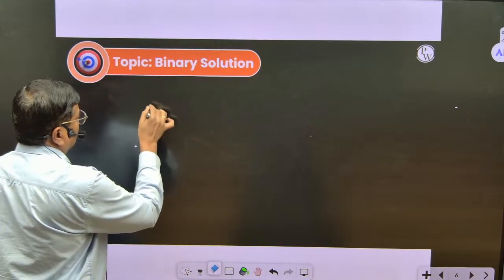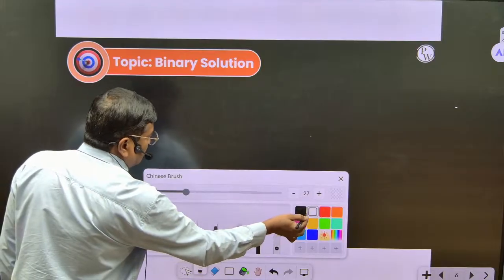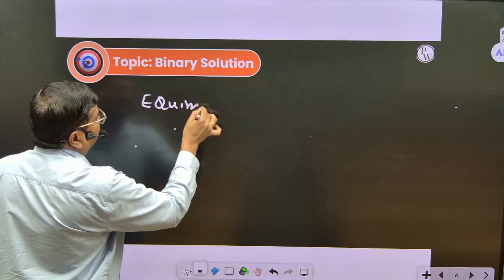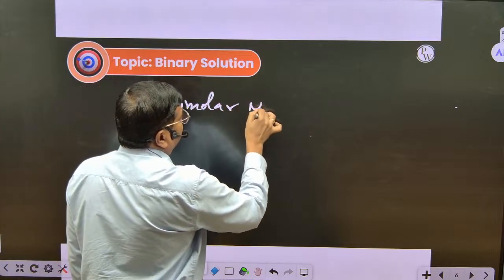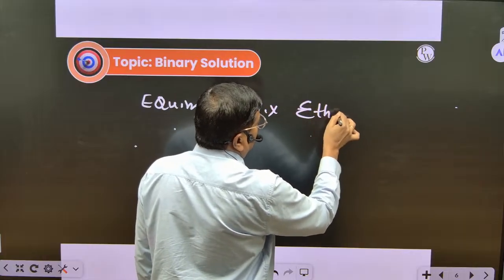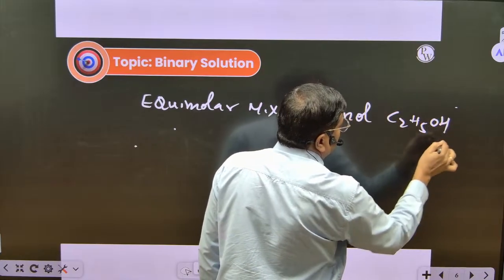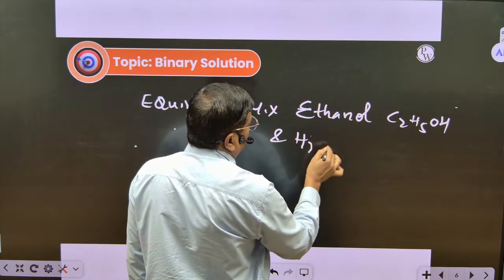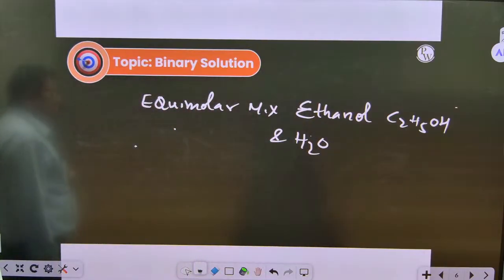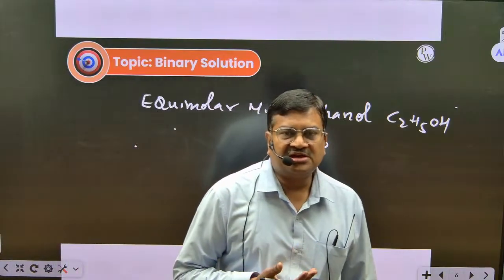Equimolar, what does equimolar mean? An equimolar mixture of ethanol, what is the formula of ethanol? C2H5OH, and water. Now in this you have to tell who is the solute and who is the solvent. Question understood, students? An equimolar mixture of ethanol mixed with water.